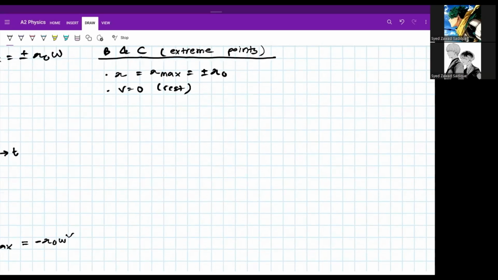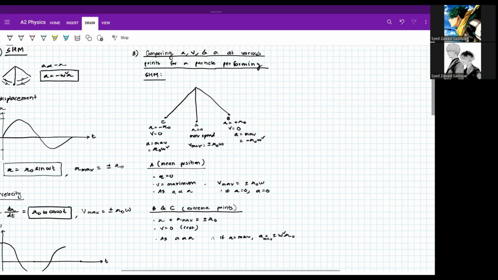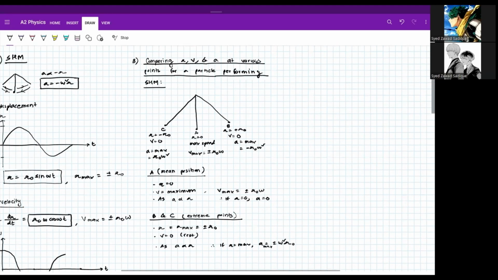Then, as a is proportional to displacement, therefore, if x is max, a max is equals to plus minus omega square x naught. There you go. So this is another concept that you have to understand. This will all make sense once you start doing question papers. Trust me, there is nothing more that I can explain verbally than I'm writing down, because there is nothing to explain.